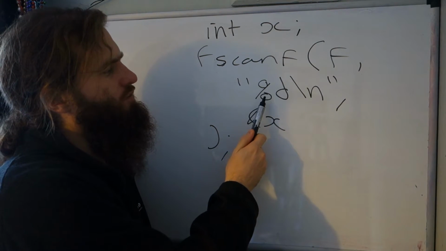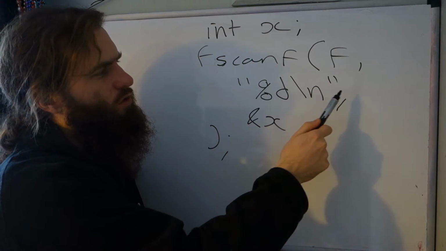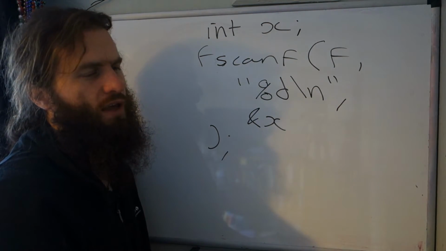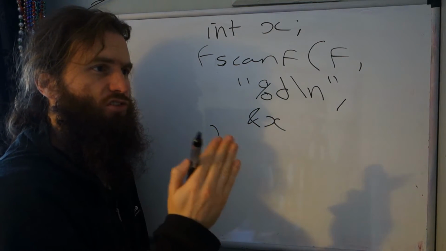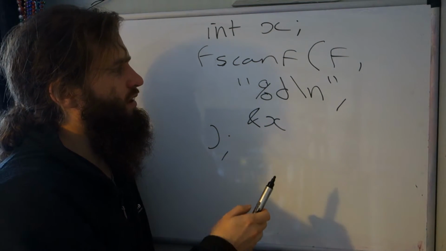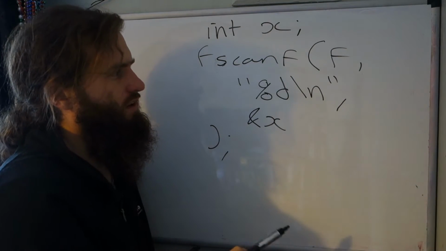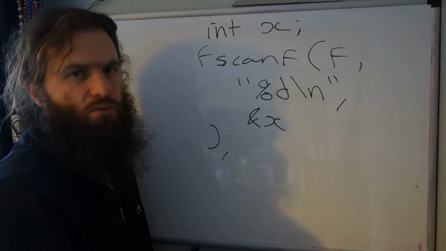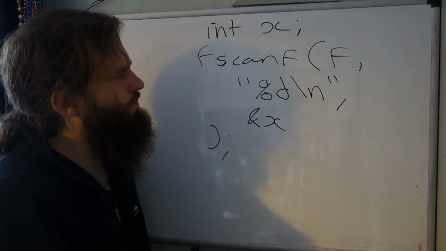And we can have as many format specifiers in this format specification string as we want. So if we knew that we were reading a file that had 5 integers per line, then we could have 5 of these in a row. Or we could construct the string that had the correct amount of arguments to read, or something like that.